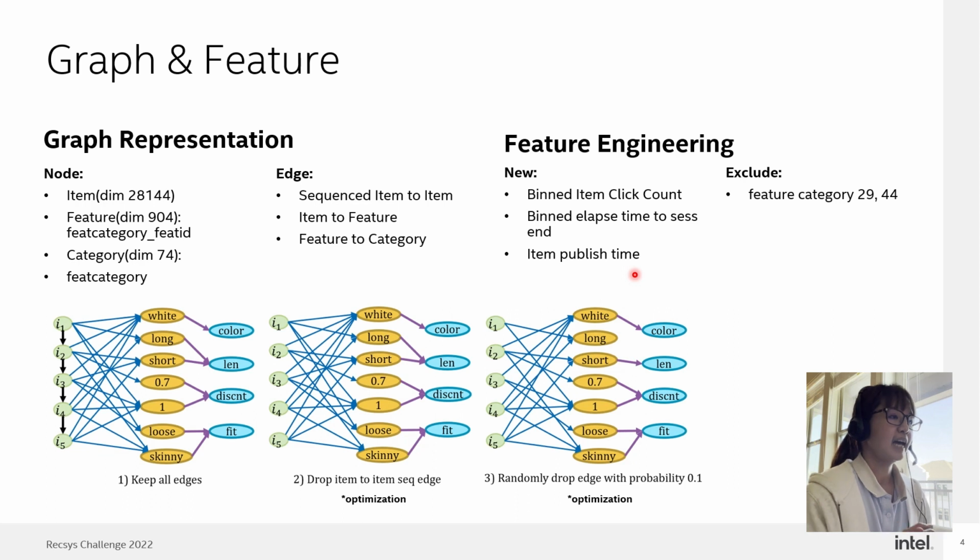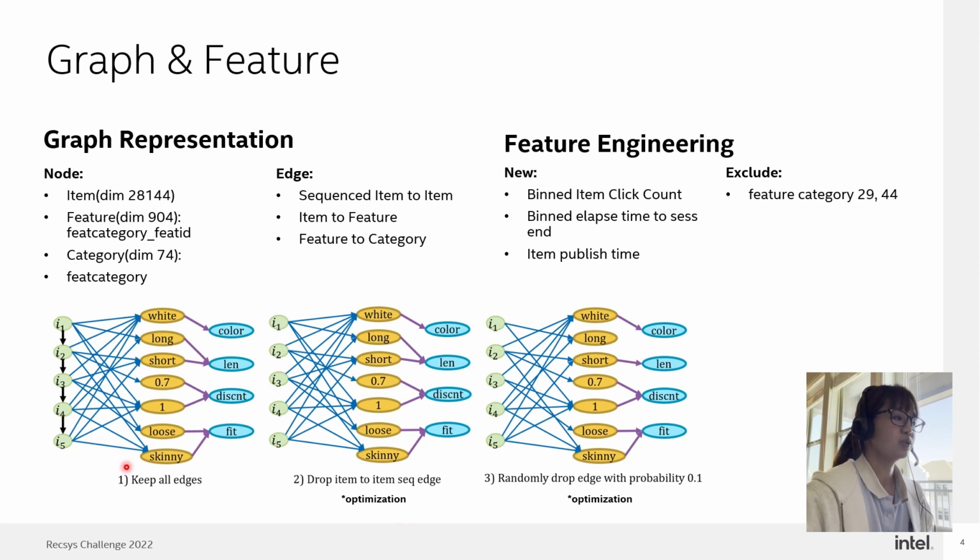Besides the new features we are creating, we are also thinking about whether we should drop some edges. This is what we drew in the bottom part of this slide. Firstly, we keep all the edges: the item sequence edges, the item to feature edges, and the feature to category edges.